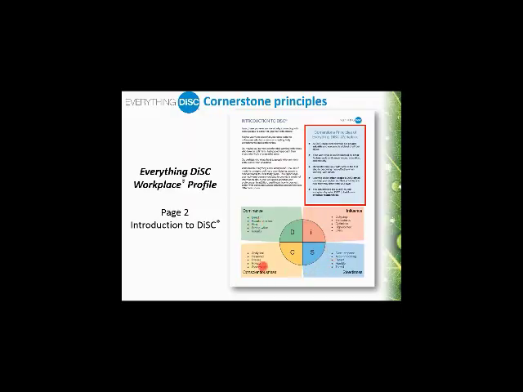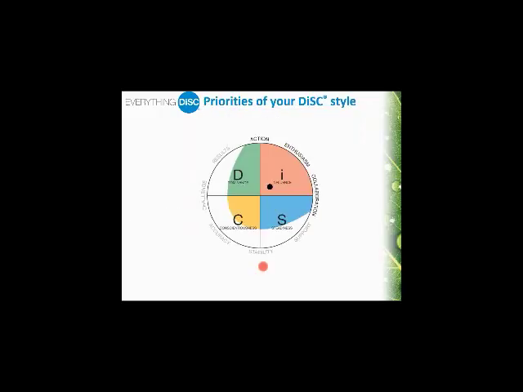So let's work through one example. In this image, we can see an individual with a primary I style with a slight inclination. That is to say, the dot is relatively central to the segment and is close to the center.